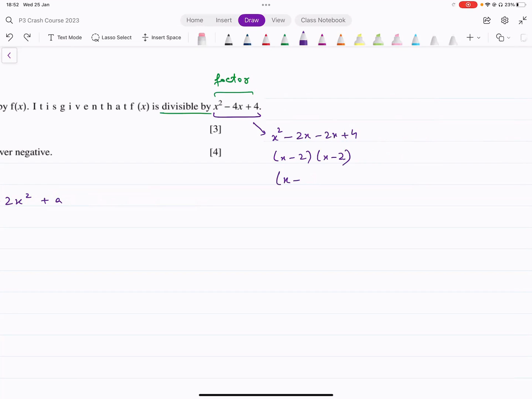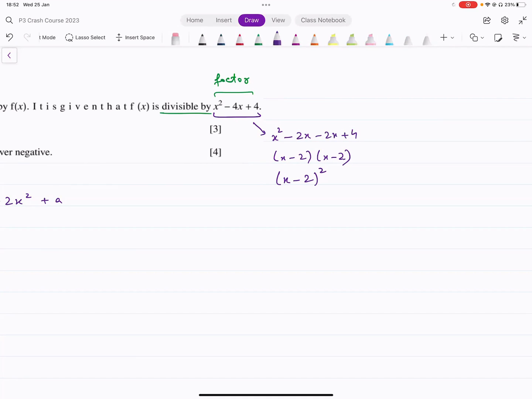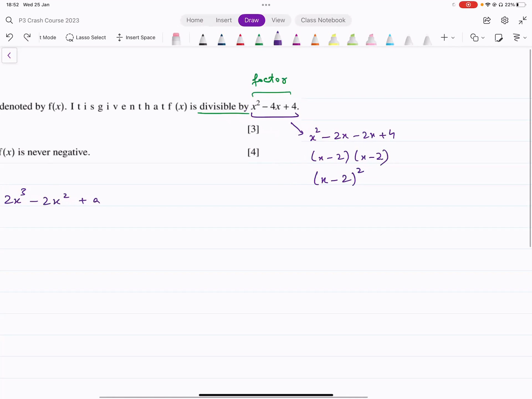Some of you might be able to recognize that this is actually the form a square minus 2ab plus b square as well. So if you were able to figure that out, you could write this directly like this as well, x minus 2 whole square. But if not, you can just do middle term breaking like we did here and split it into two linear factors.